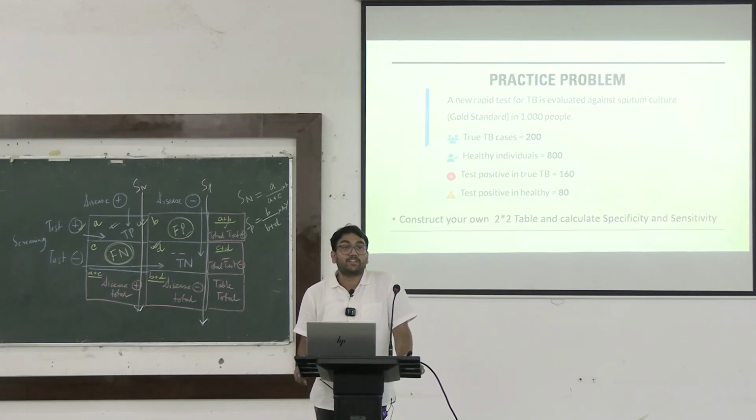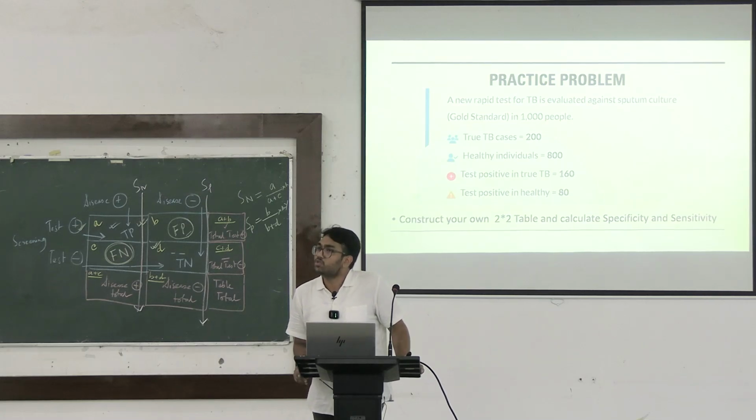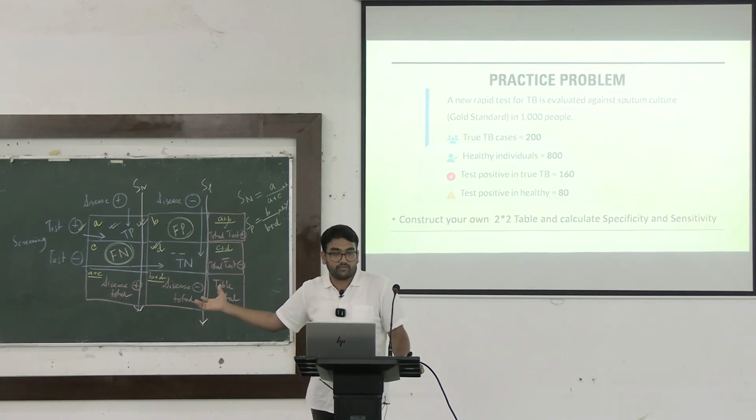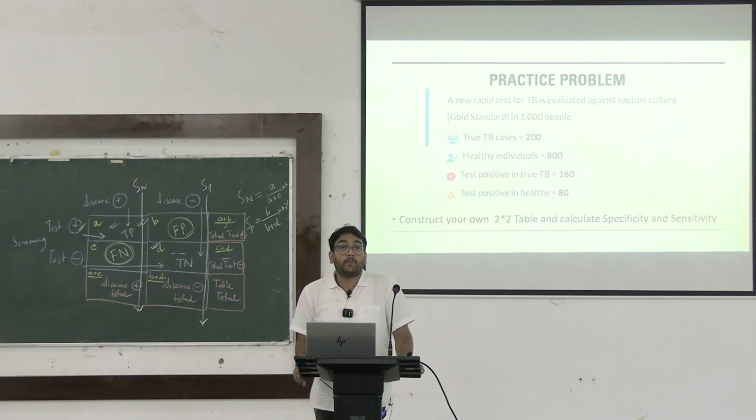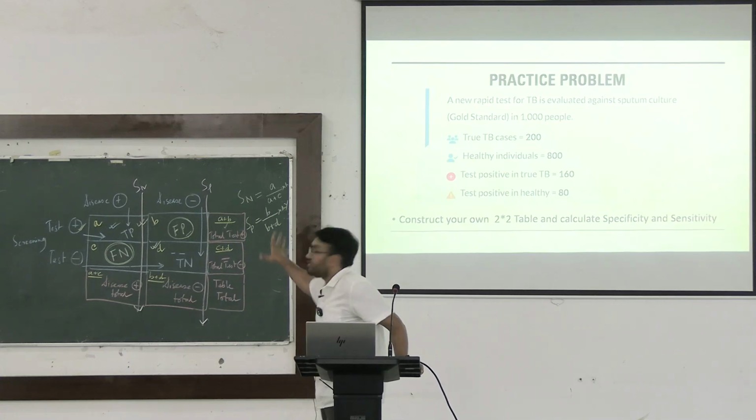Next two statements, test positive in true TB. That means which box? Yes, test positive in true TB is true positive. They have TB and the test has also found out that they have TB. So that's true positive. And test positive in healthy, that means false positive.